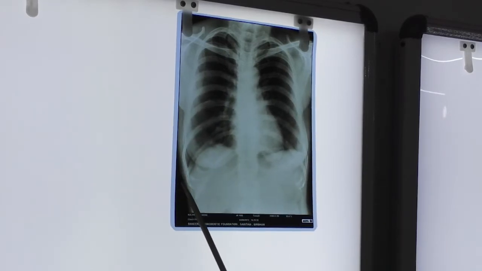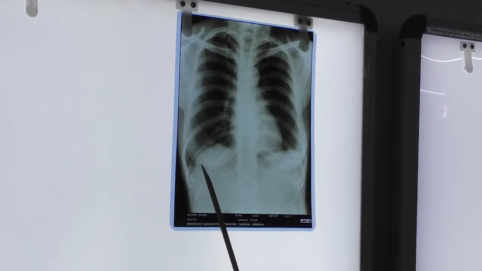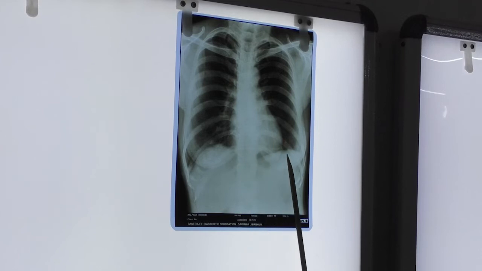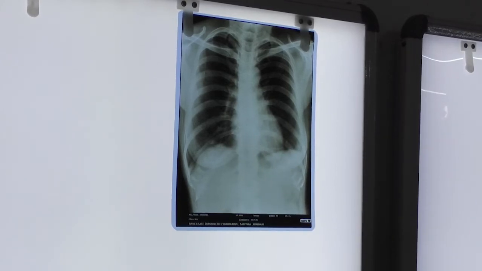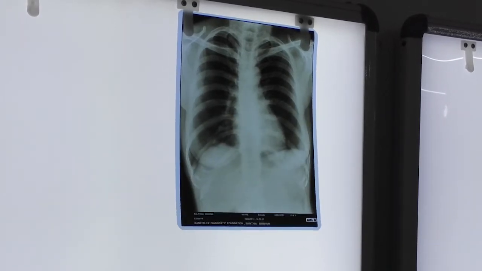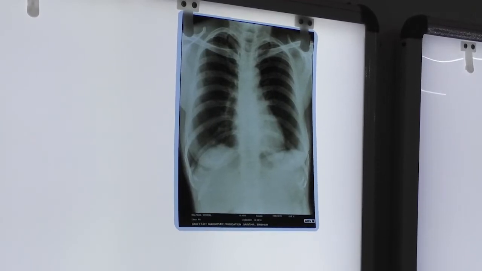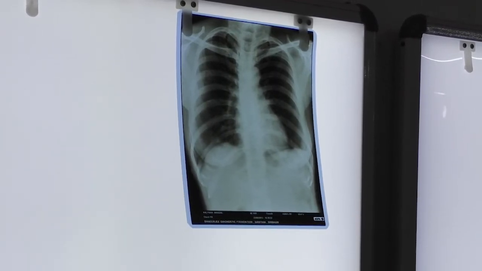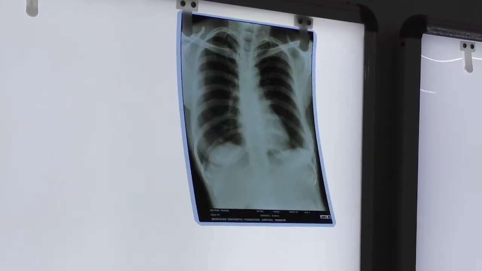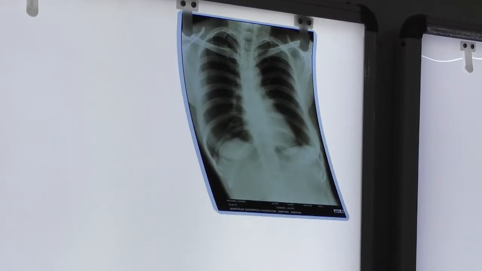As well as we can see, this is the maximum transverse diameter of the thorax, and this is the maximum transverse diameter of the heart. The relation between the maximum transverse diameter of the heart and the maximum transverse diameter of the chest is 1:2.